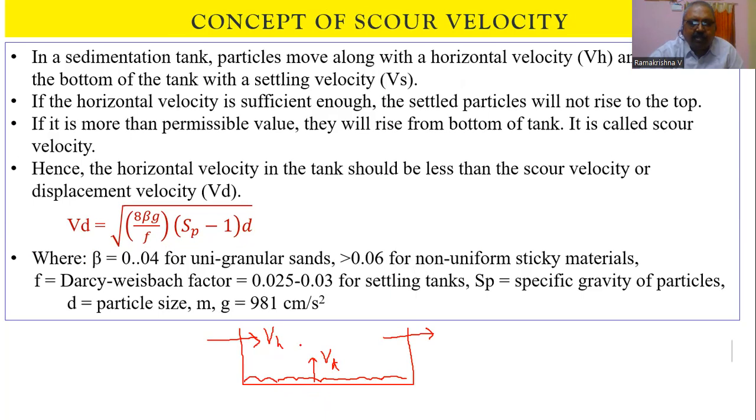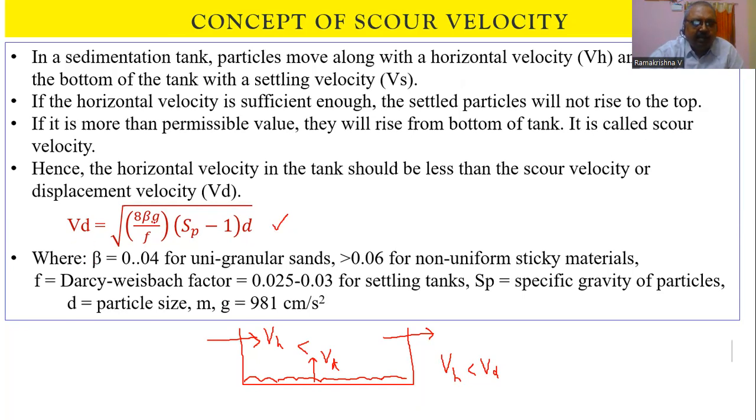So the condition is, VH should always be less than VD, so that the settled particles are not disturbed and not rising. The factors corresponding to the rise of settled particles have been identified, and we have an empirical equation based on the fundamental fluid properties of this material.